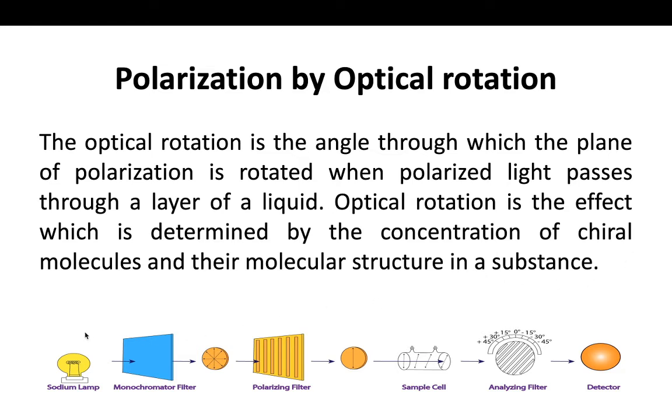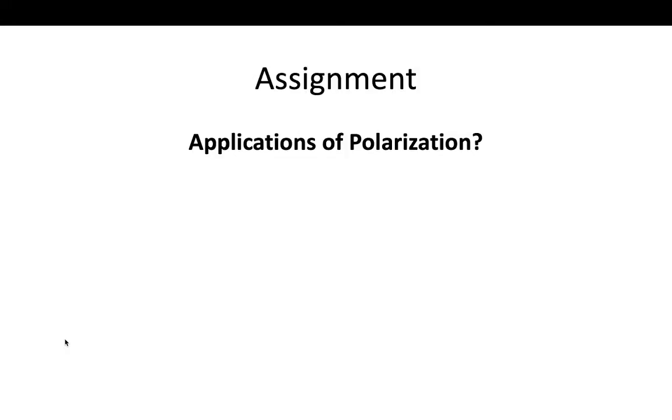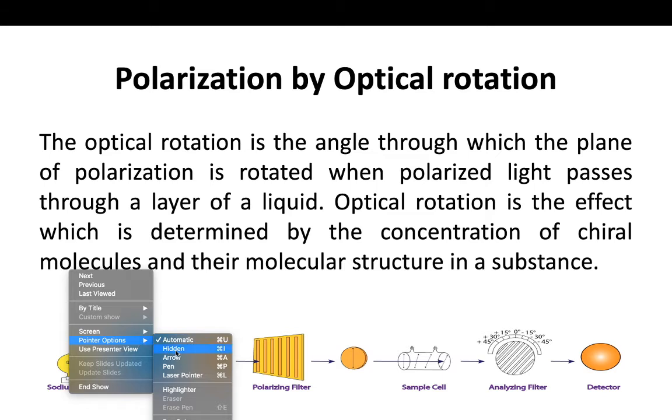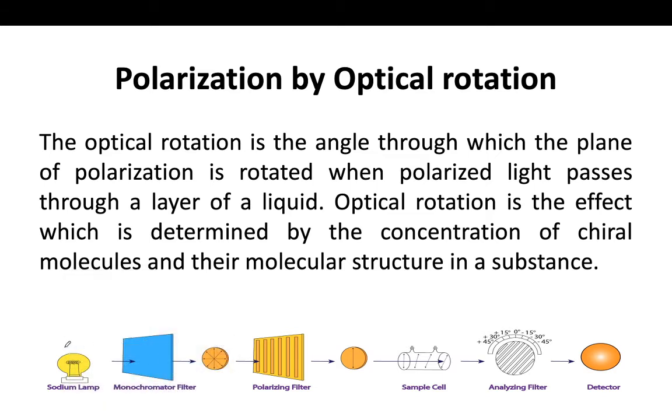Here we have this lamp, and this lamp emits unpolarized light, and then we have a filter. You see here the light was unpolarized, in all directions, and from this filter it is converted to a single vertical light, that is polarized light.